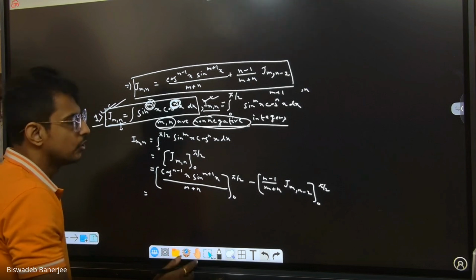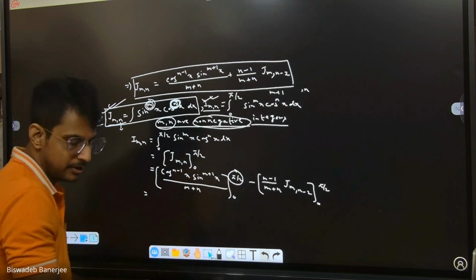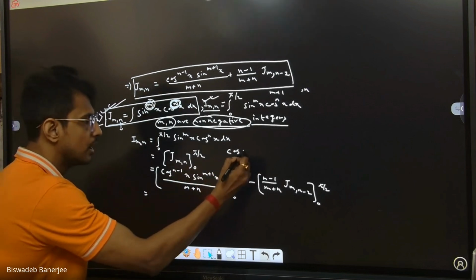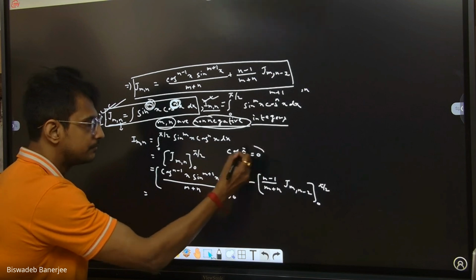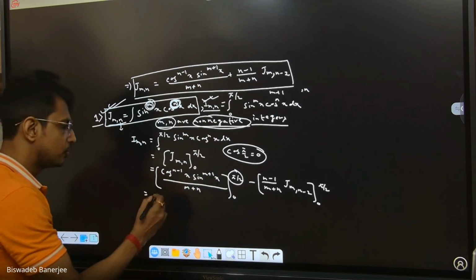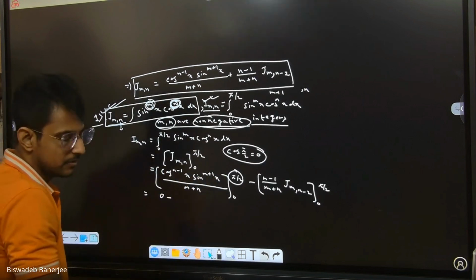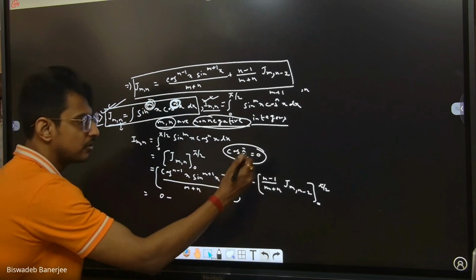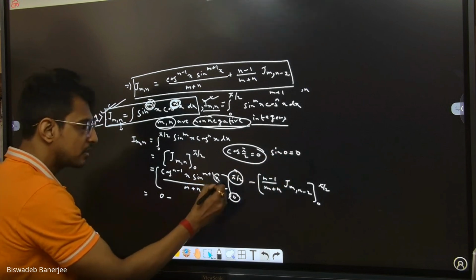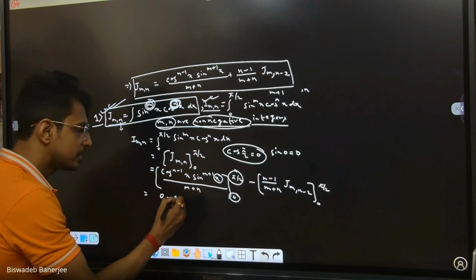Now we know at first we have to put this upper limit. Cos of the upper limit, cos pi by 2, equals 0, minus. If we put the lower limit, we know sine 0 is 0. So if we put x equal to 0 here, my sine 0 will be 0.